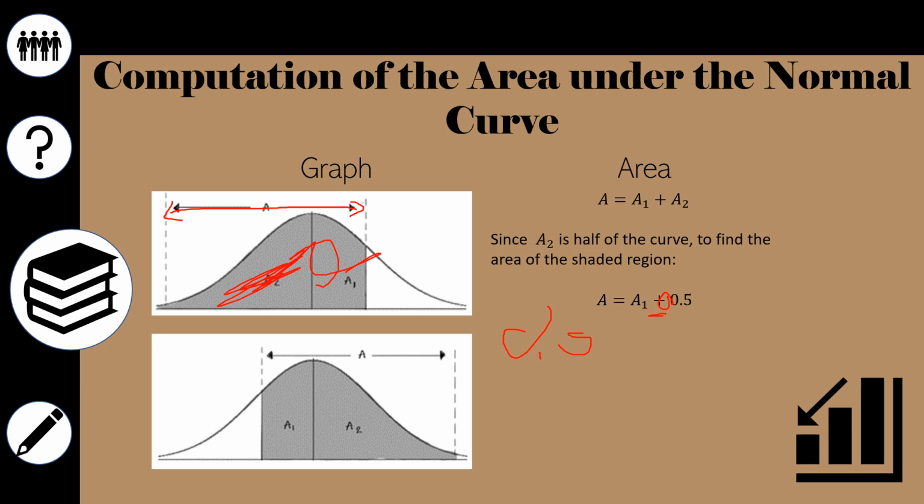For example, this kind of problem is usually called find the area to the left of 1.46, meaning to the left of A sub 1. Or find the area to the right of negative 1.46.